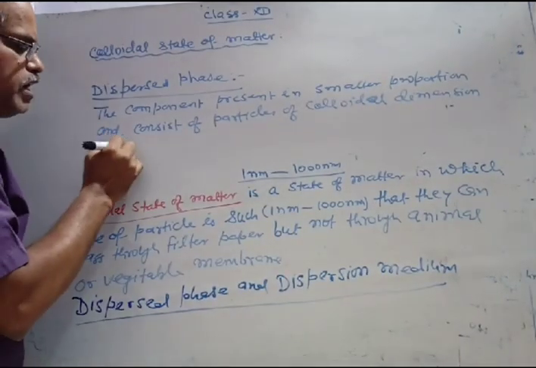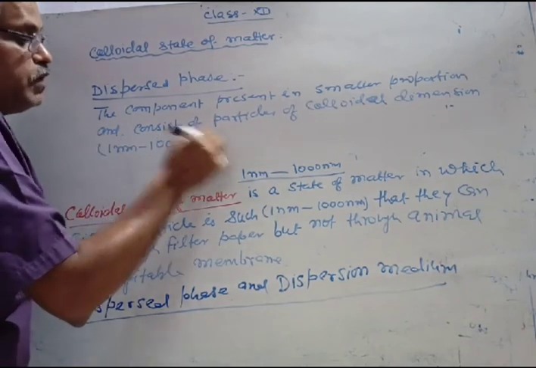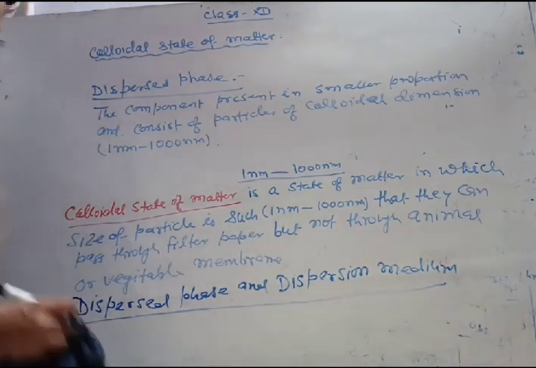That is 1 nanometer to what? 1000 nanometer. The colloidal dimension is 1 nanometer to 1000 nanometer.